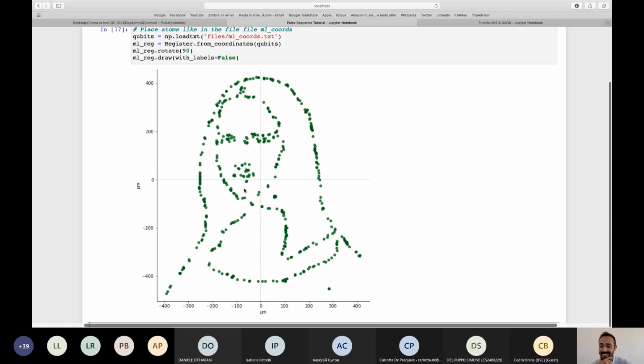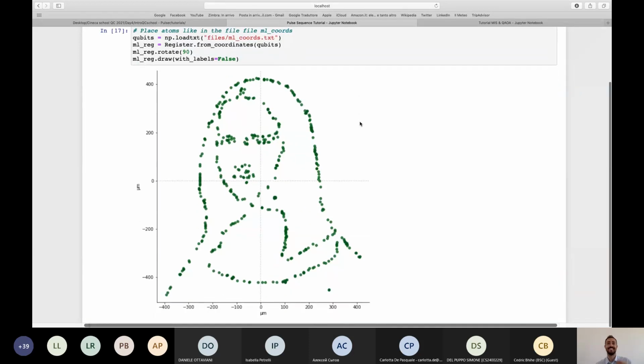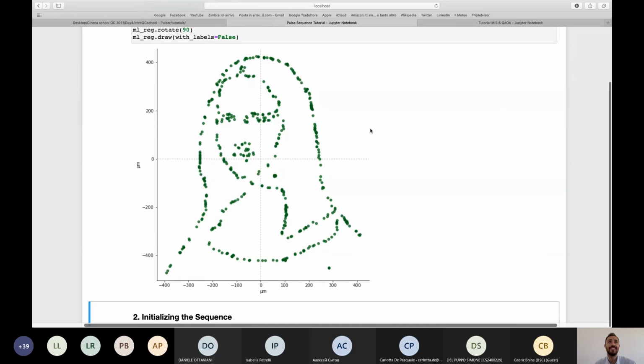Which is hardly French, by the way. Yeah, that is also true. At least I can use the Mona Lisa coordinates to break the Pasqal hardware.